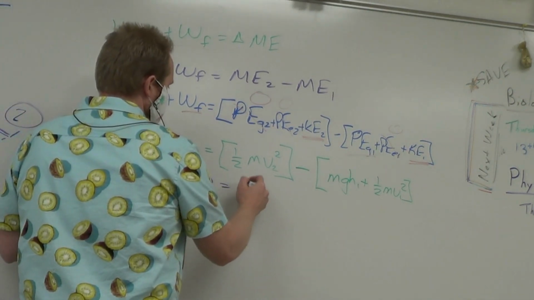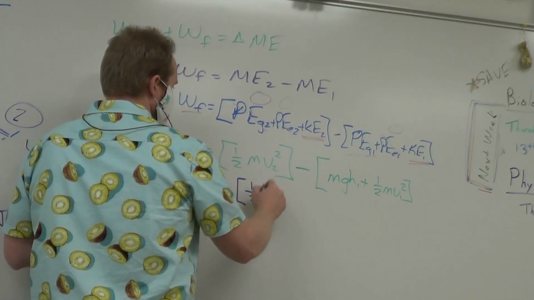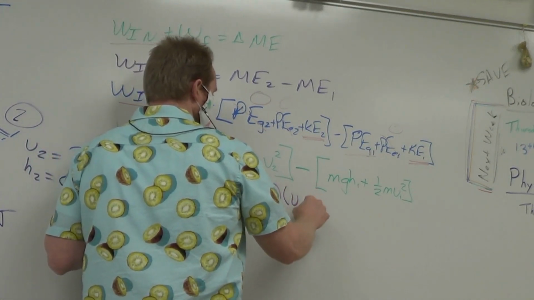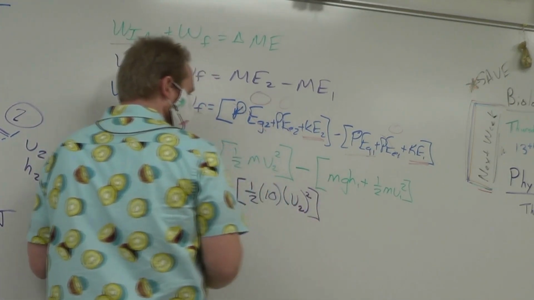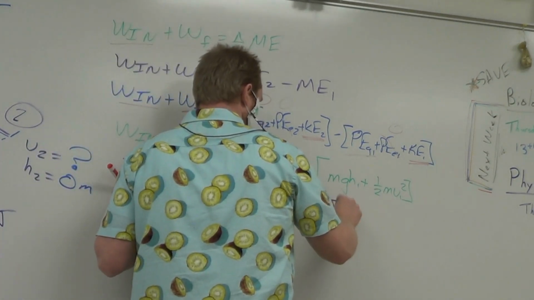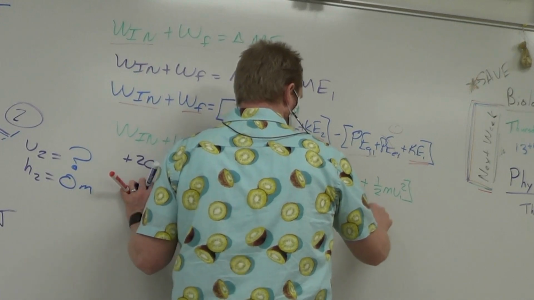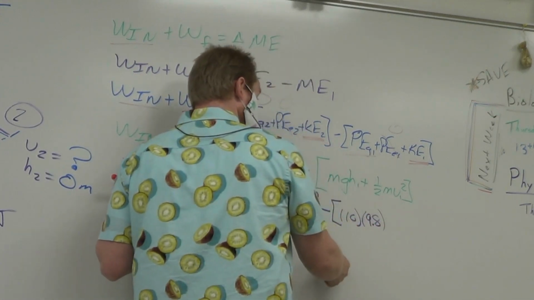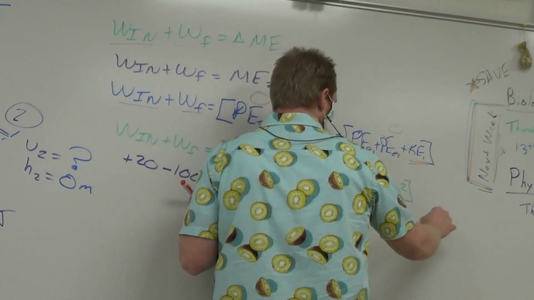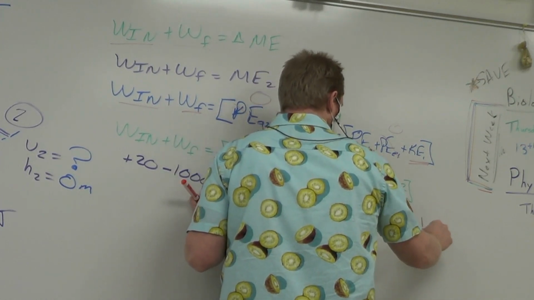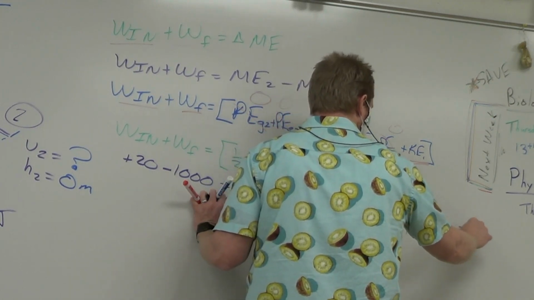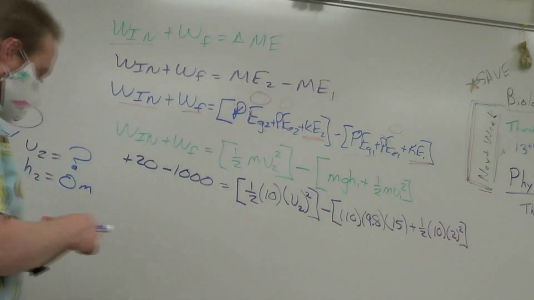And that's equal to 1/2 the mass of the baby, which was 10, times the V2 squared that we're solving for at the bottom of the hill, minus the mass of the baby, 10, times the gravitational acceleration on Earth, 9.8, times the height of the hill, which was 15, plus 1/2 the mass of the baby times the velocity of the baby at the top of that hill.